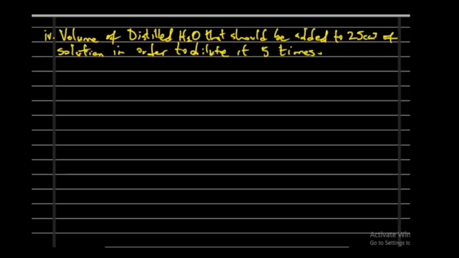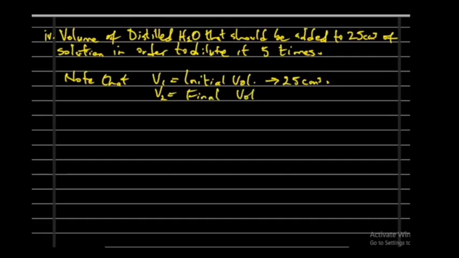So for this now, let's quickly take notes. Note that our V1 will be the initial volume, and that is 25 centimeter cube. Our V2 is the final volume, which is unknown. The dilution factor is times 5.